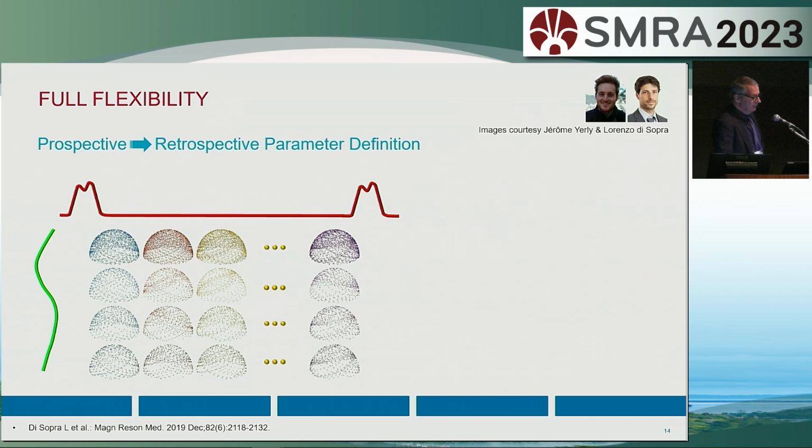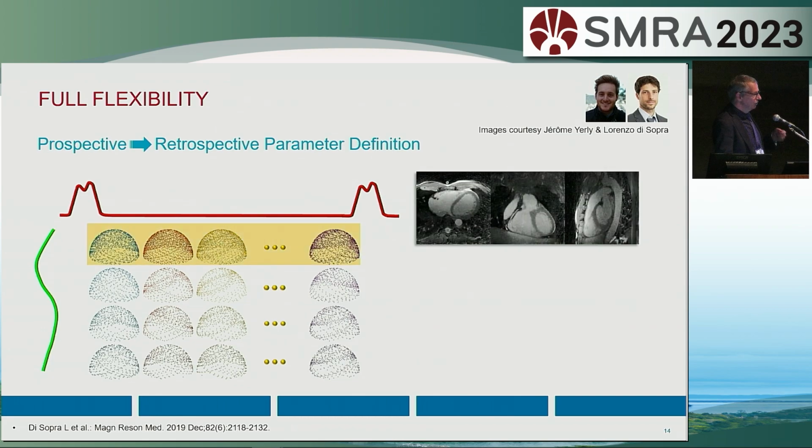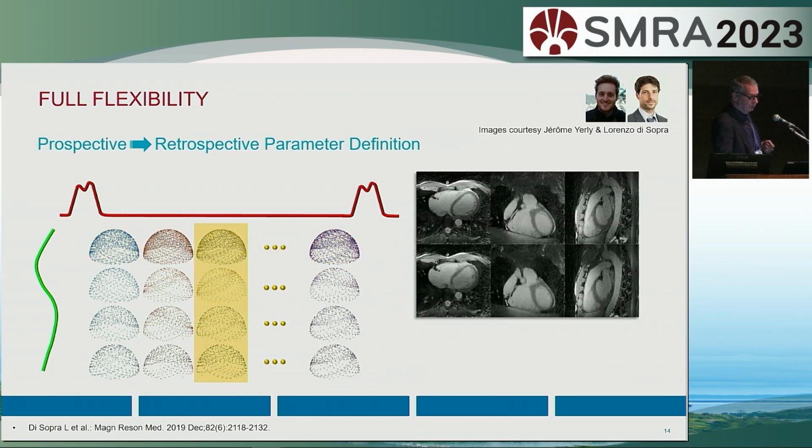Once you're doing this, then you realize that you really change the paradigm from a prospective scan plan adjustment and parameter adjustment to a retrospective extraction of information. You can choose the temporal resolution, you can choose the time point of the cardiac cycle in which you want to reconstruct the data.